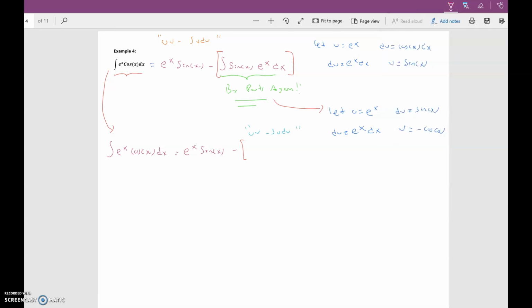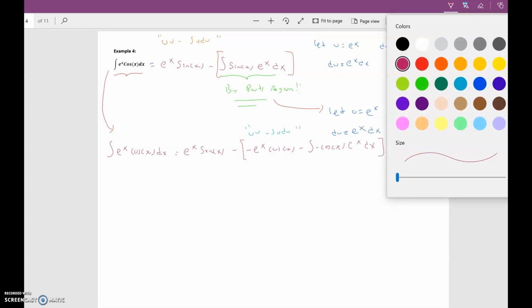So your u and your v, you're going to have technically a negative e to the x cosine of x minus the integral of, and this is going to be v du. So this is going to be a negative cosine of x e to the x dx.